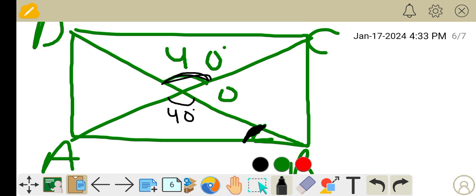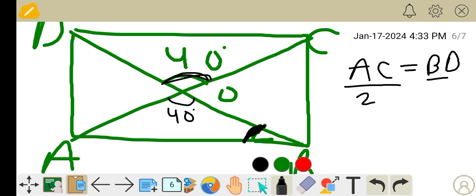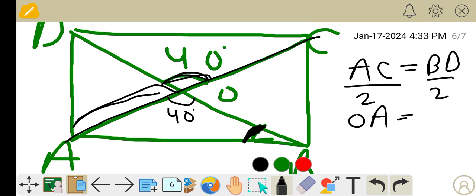And we know that diagonals are equal, and that diagonals bisect each other, so half of each diagonal should be equal. AC equals BD, so by dividing by 2 on both sides, we get AC upon 2 equals OA, and BD upon 2 equals BO.